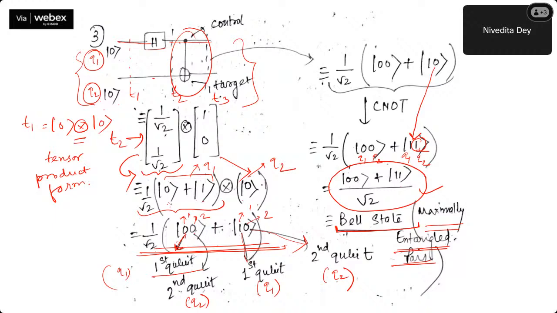Say 00 plus 01, and 01 plus 10, they are thought of as maximally entangled, because there can be other cases where entanglement does not hold in that sense.